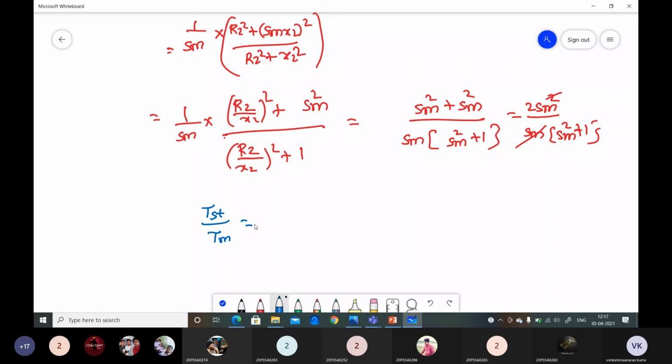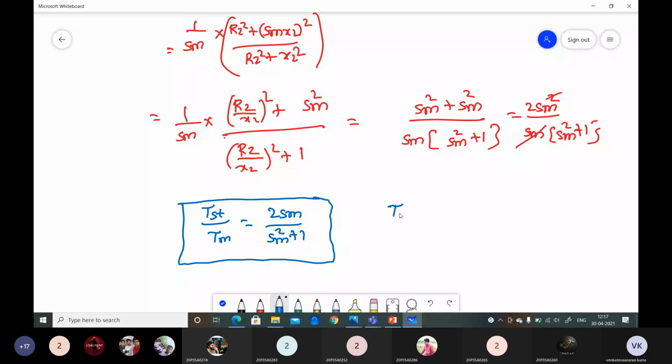So finally T_ST by T_max equals 2 S_M by (S_M square plus 1). This is the expression for starting torque to maximum torque. This relation can also be derived using our previous relation. We know full load torque by maximum torque equals 2 S_F S_M by (S_F square plus S_M square), where S_F is the slip corresponding to full load.